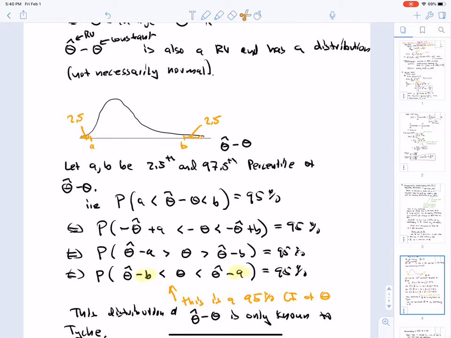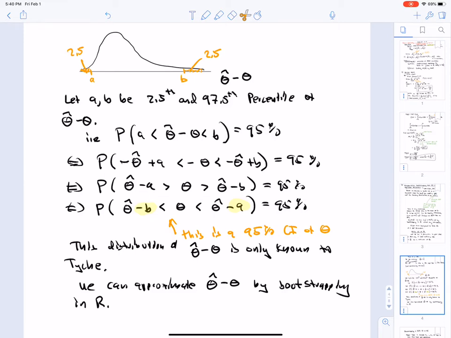So you could find A and B such that the probability that theta hat minus theta is between A and B is 95%. Then we just do some manipulation, some algebra here to get our 95% CI for theta, which is the interval theta hat minus B, comma theta hat minus A.